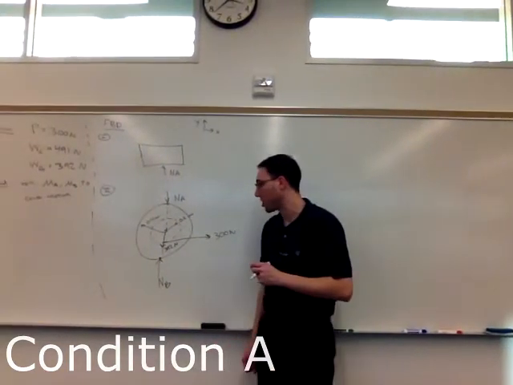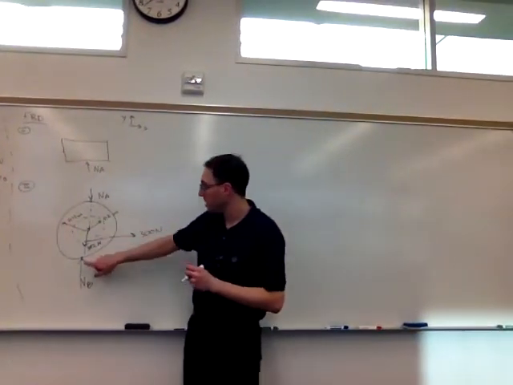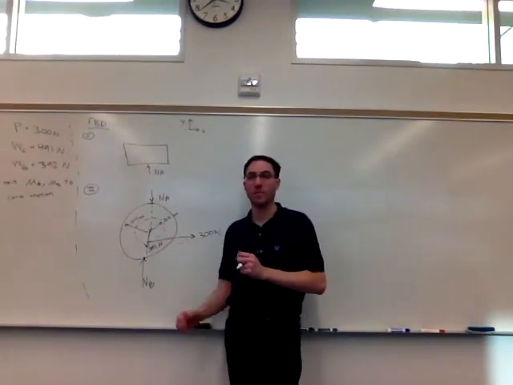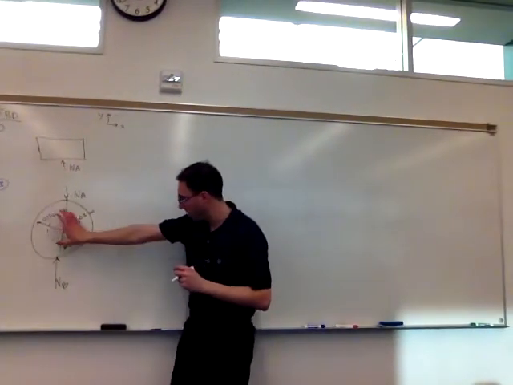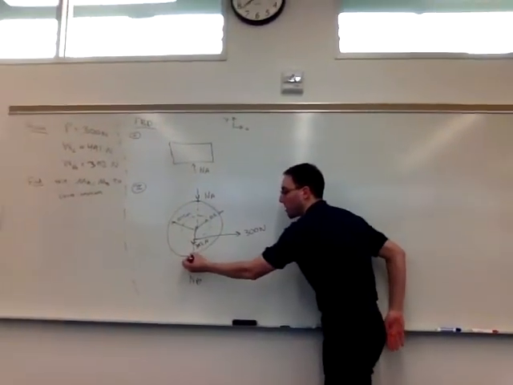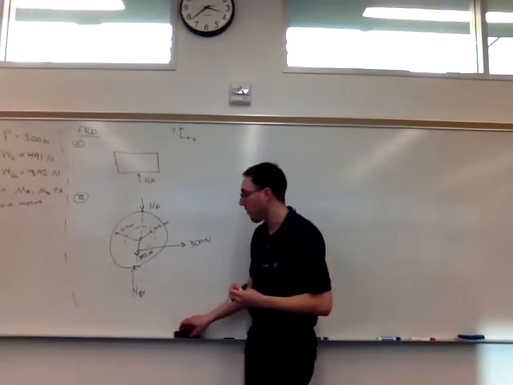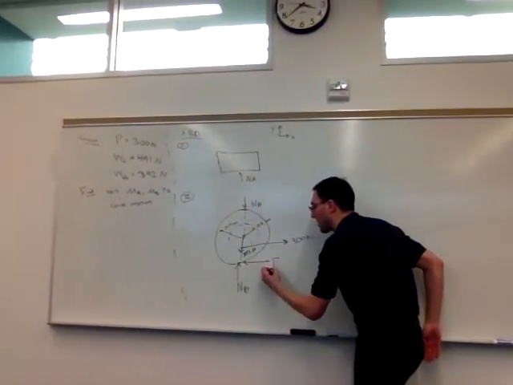What direction should the friction point at point B in that case? So which direction does the point at B want to move if it's rotating counterclockwise? Right, this point wants to move tangentially, to the right. Therefore, the friction would oppose that motion and point to the left. I'll call that F sub B.